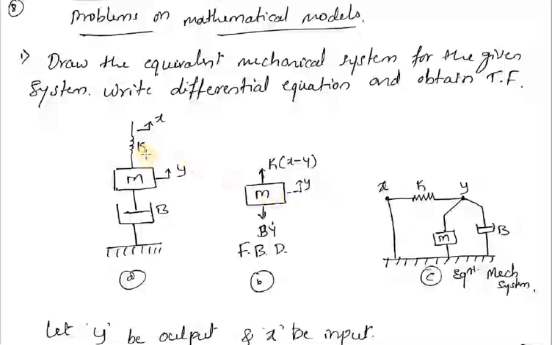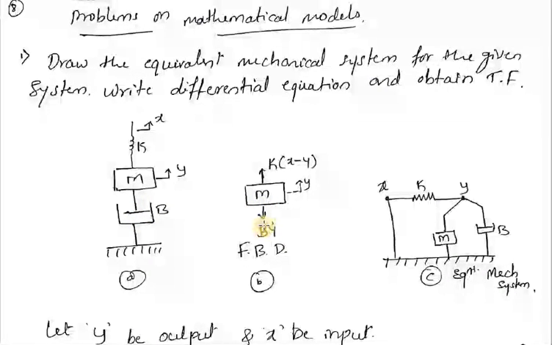Here x is applied at this end and the displacement of this mass m is y in the upward direction, right? So when this mass m is trying to move in the upward direction, this damper will try to resist that motion, so show the direction as downward.